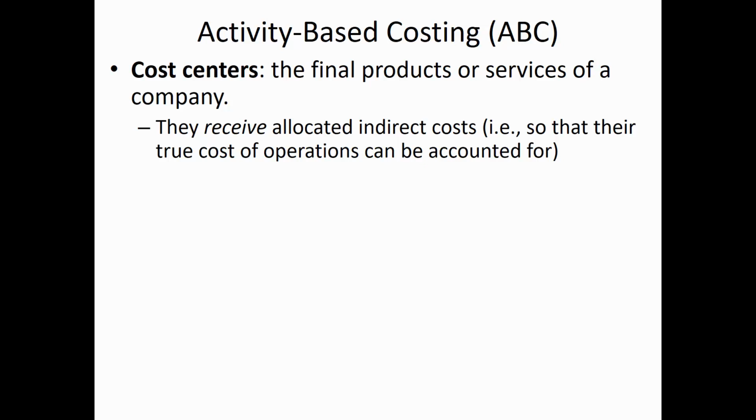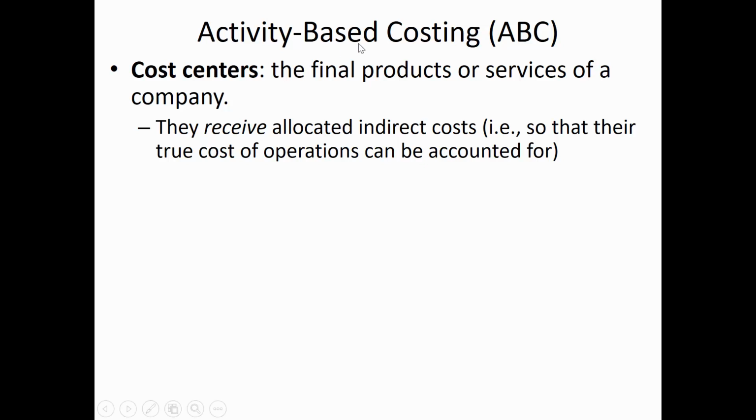Activity-based costing is similar. And the key to understanding activity-based costing is, first of all, this term that we've already used in the first in-class exercise, the idea of a cost center. A cost center arises because there are costs that are being generated by the activity of the company.